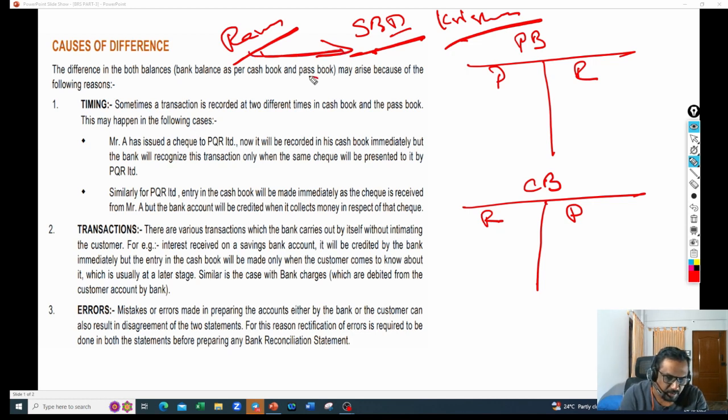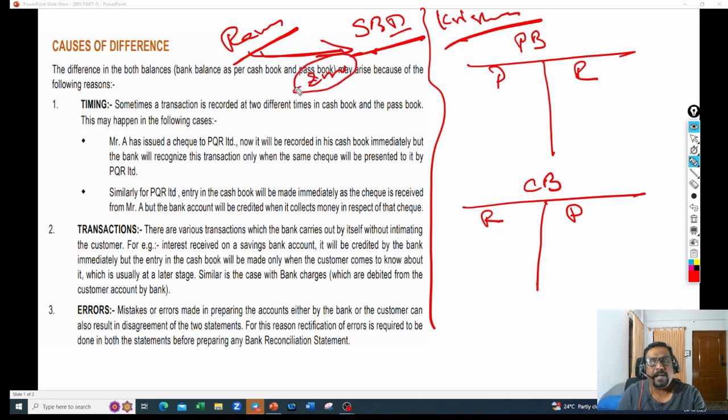Rama deposited a 2,000 rupees check in the bank. But we are working for Krishna. We are not working for Rama. So what Rama did, Rama deposited a 2,000 check. What is the banker supposed to do? He has to collect that 2,000 rupees check and credit it to Rama's account, Rama's passbook.